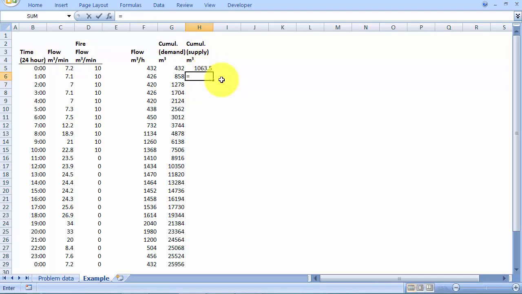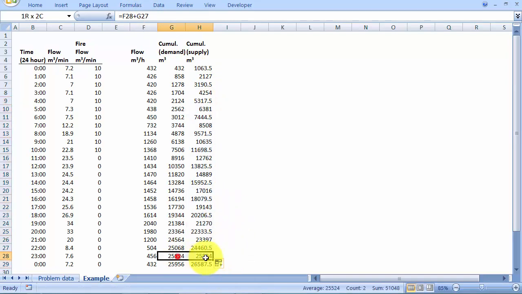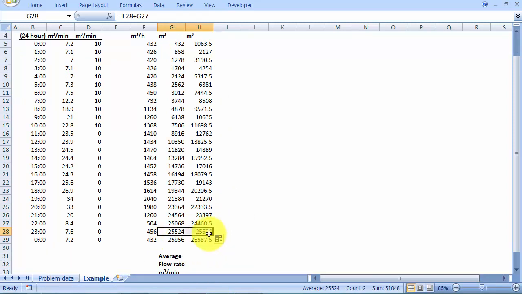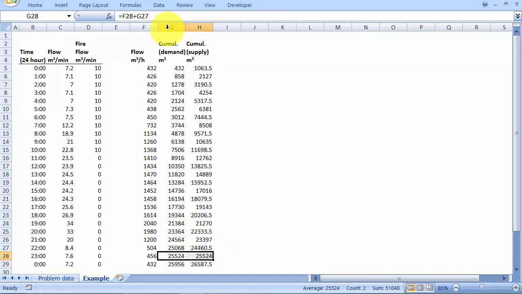The formula to work out this continuous flow is the initial rate plus the rate in the previous cell. In this case it's going to be referencing H5 twice, but in subsequent cases when we copy it down, you'll see that we're referencing the cell one up and also sticking with H5 in that exact cell reference. Drag that the whole way down and you'll see that at the 24-hour mark we have this value matching. So our demand has been calculated to equal our supply.